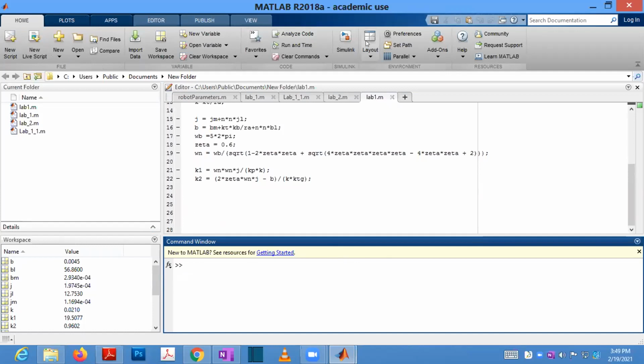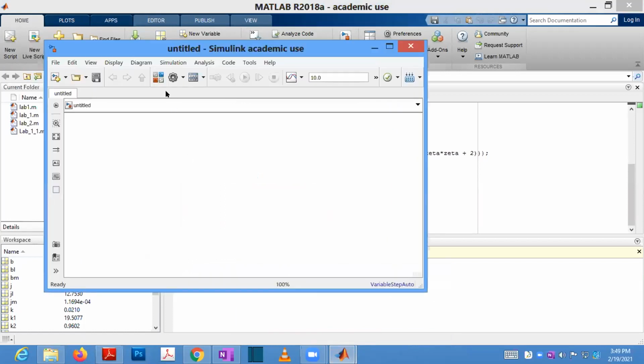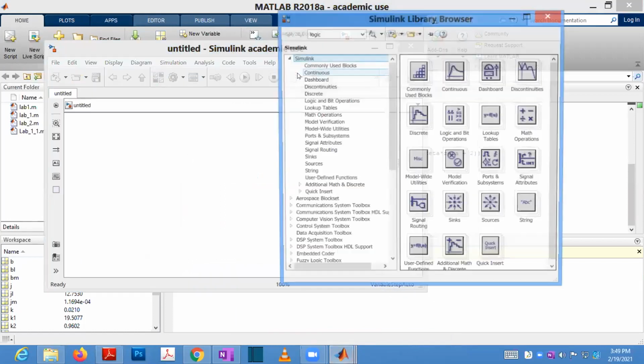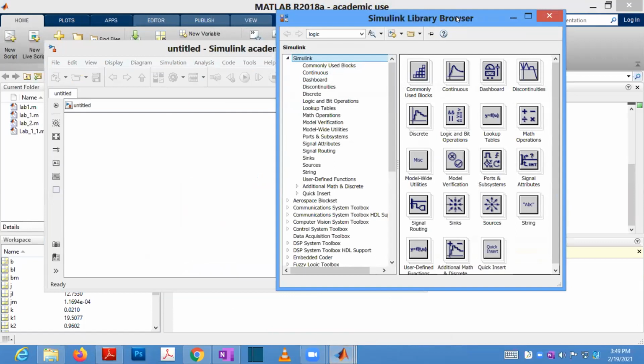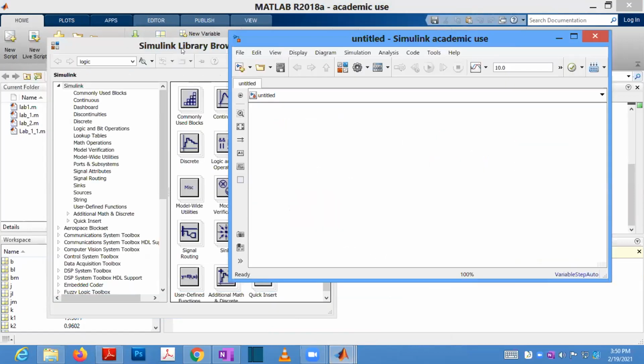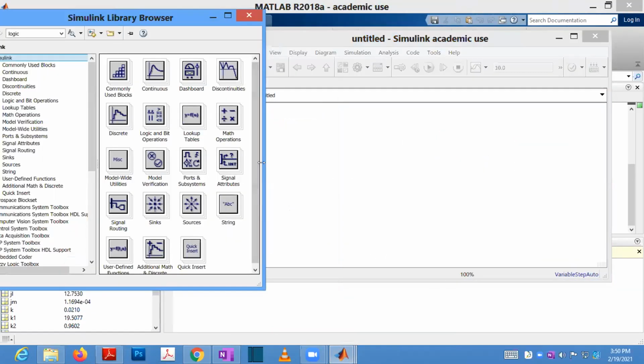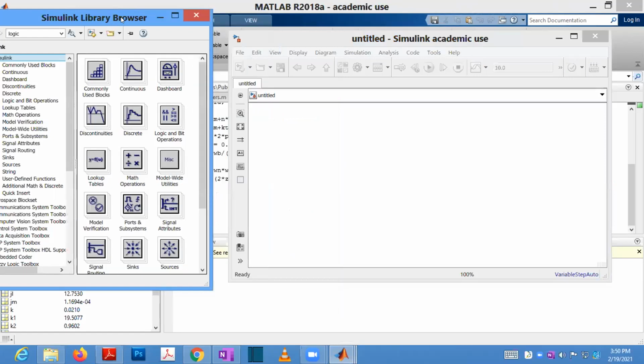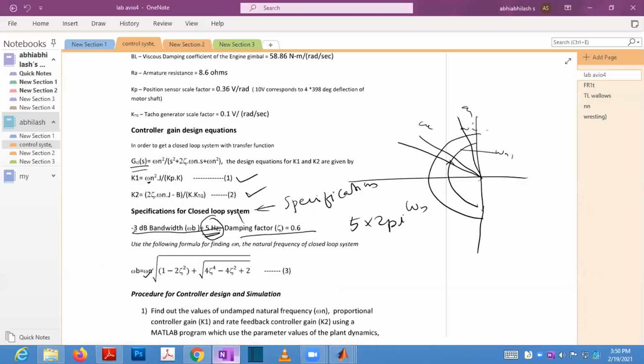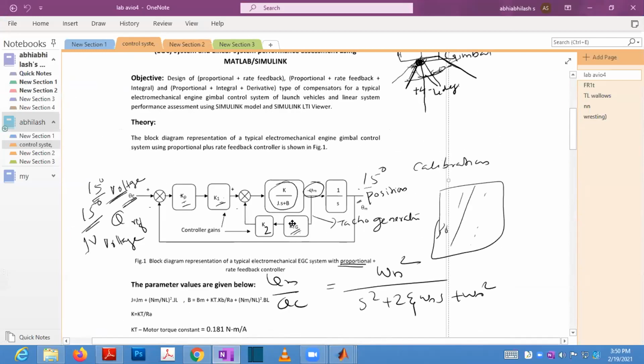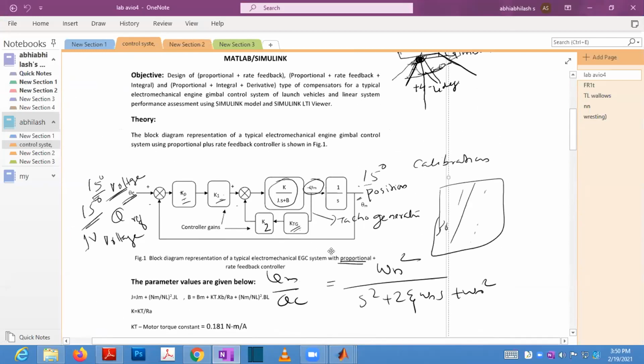So you have to open Simulink now, from home Simulink, or you have to enter Simulink in the command window. You just open Simulink and then the Simulink library browser. Then you have to build this proportional plus rate feedback controller.